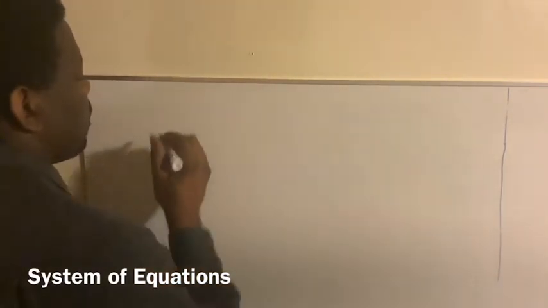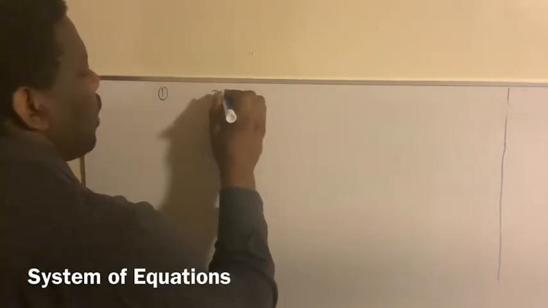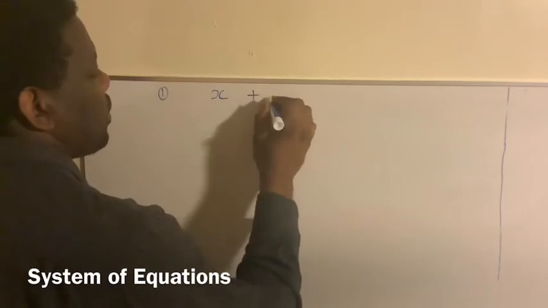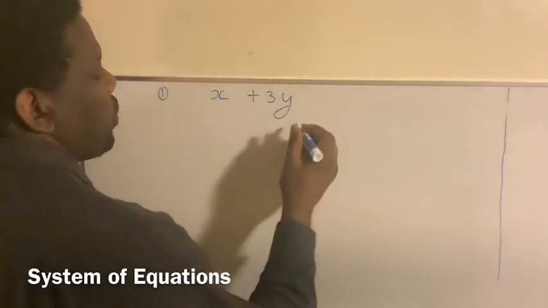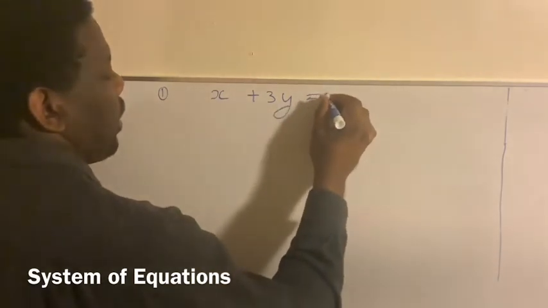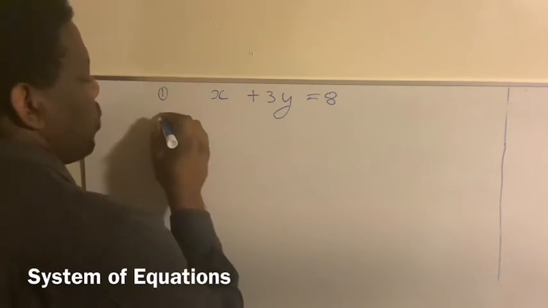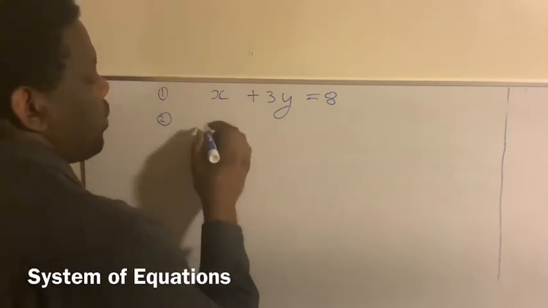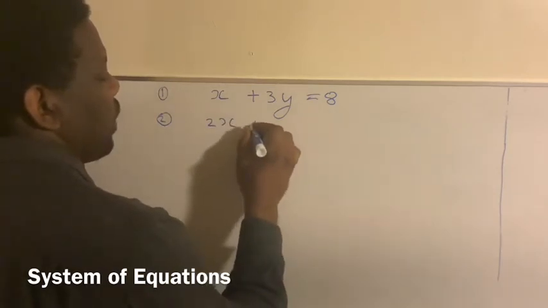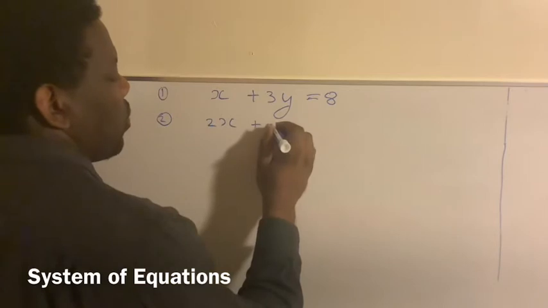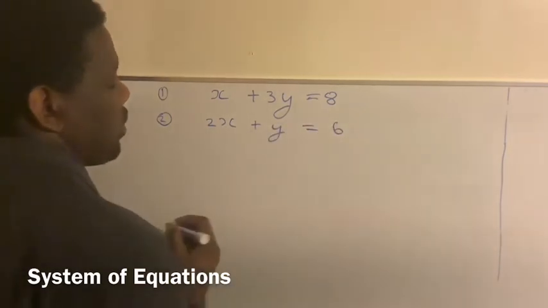So let's try equation 1, x plus 3y is equal to 8. And equation 2, we have 2x plus y is equal to 6.